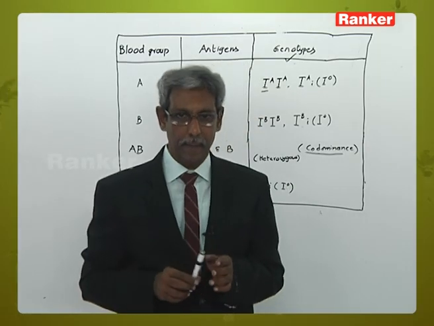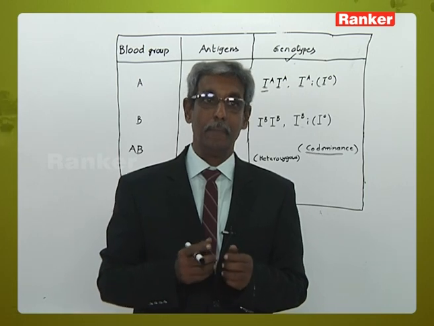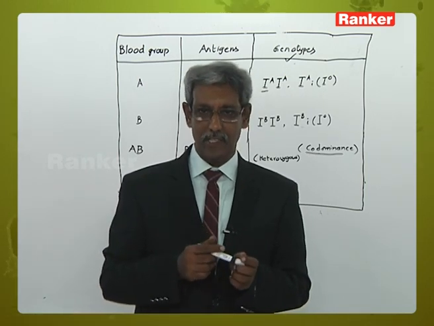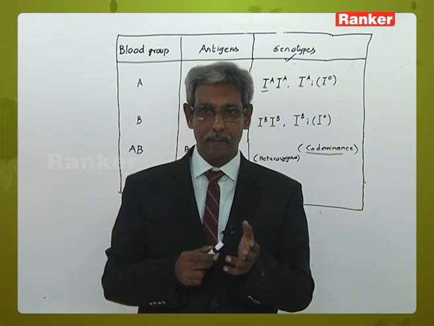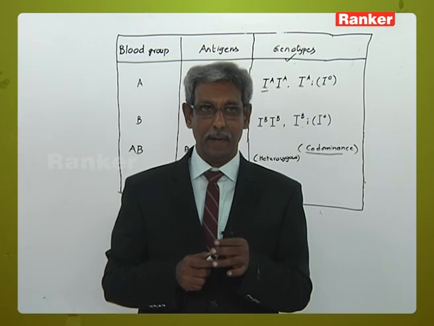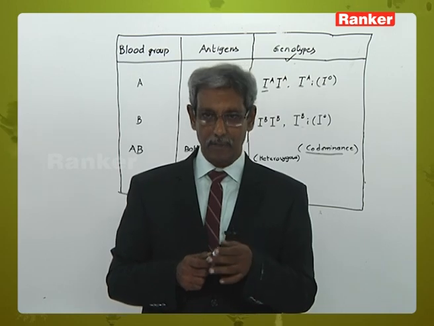Many times in the study of multiple alleles, an objective question could also ask you about the genotype of the parent. If you take problem number 12, it says the child has blood group O and the father has blood group B. Then what could be the genotype of the father?